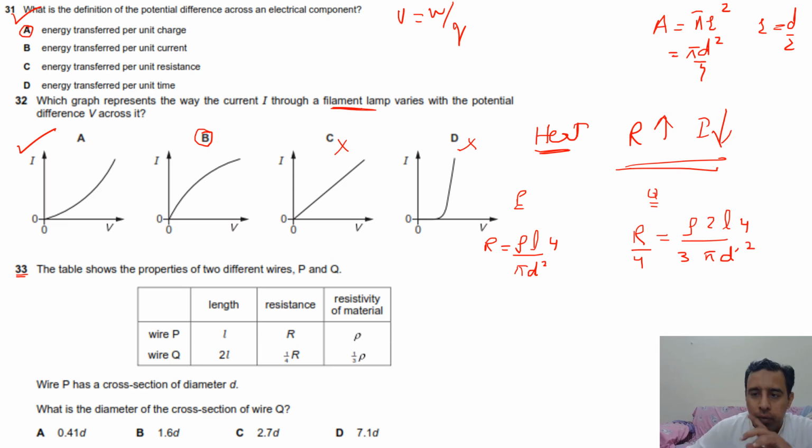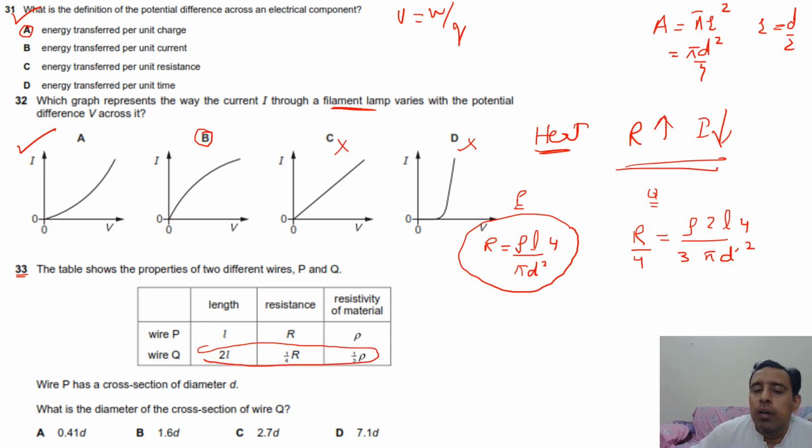This D dash is required. So generally we have this formula, that is R is equal to rho L over A, and this is modified by having these properties of the wire Q. The length is 2L, the resistance is 1/4, and the resistivity is 3 rho. So this D dash is required here.